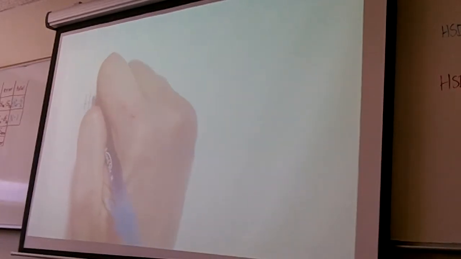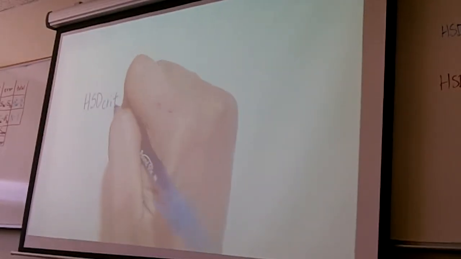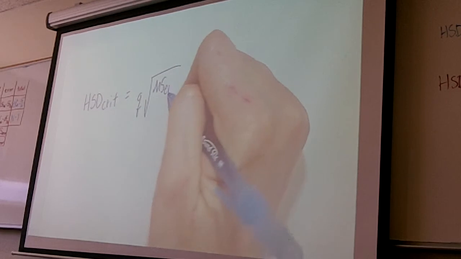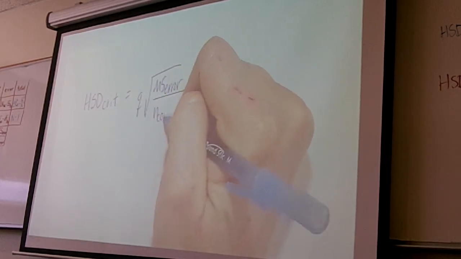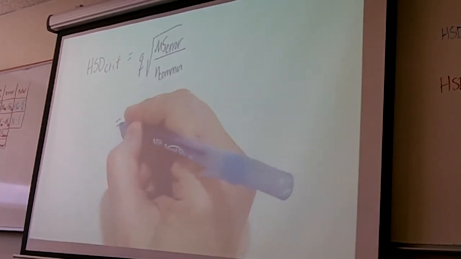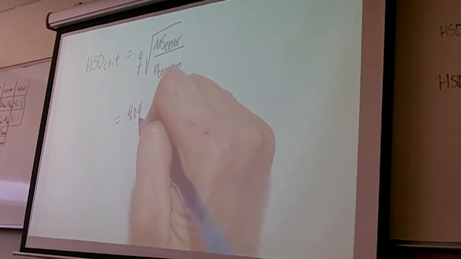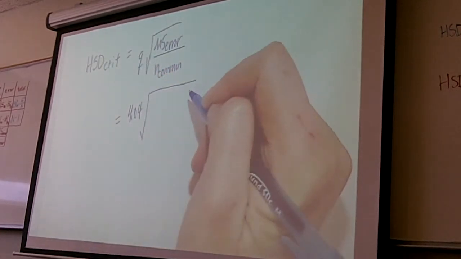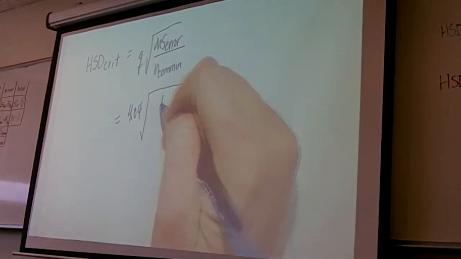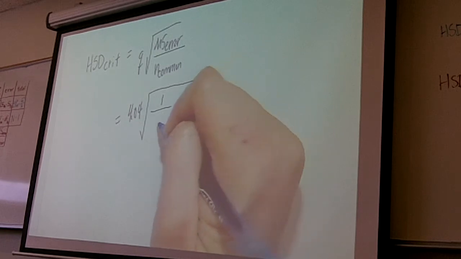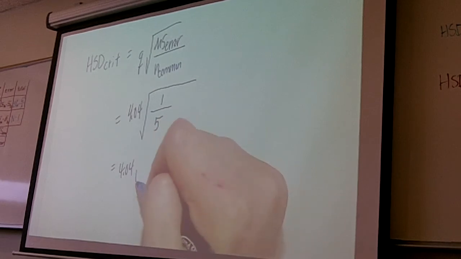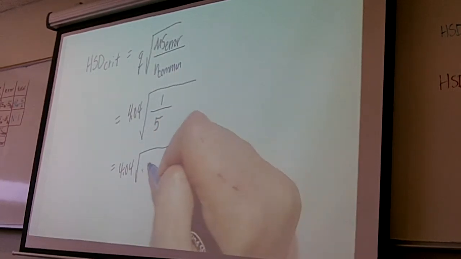So our HSD critical for related groups is Q times the square root of mean square error over n common. We know that Q is 4.04, and our mean square error was 1. What's our n common? 5. So what is 1 divided by 5? 0.2.